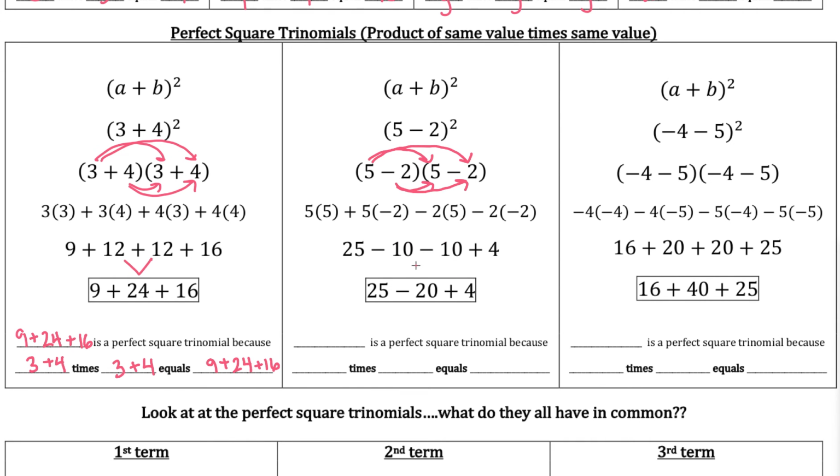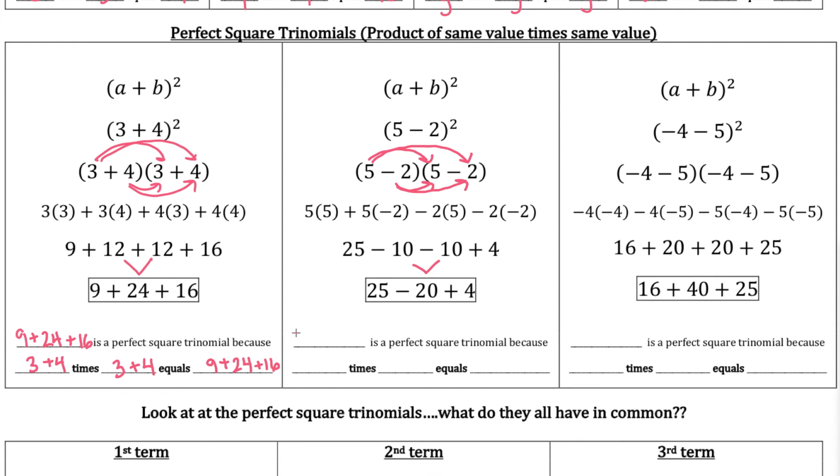And remember, I put these two middle terms together. Minus 10 and minus 10 is minus 20. For now, we could just do 25 minus 10 plus 4 and get an answer, right? But this is going to help us with our future lessons. So I want to just show you. We're just putting the middle terms together. It'll make more sense in the next lesson, okay?